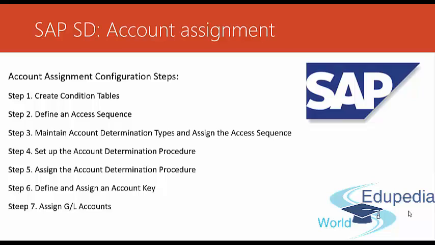Fourth step, set up the account determination procedure. Step number 5, assign the account determination procedure. Step number 6, define and assign an account key. And the last step will be to assign general ledger accounts. Now we will take a look at all of these steps in detail.